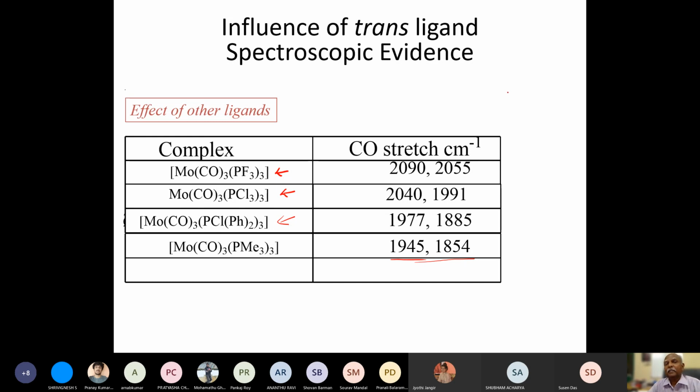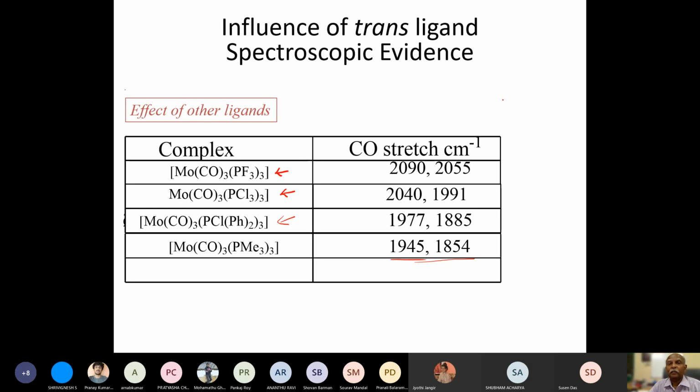Anything that is a weak pi acceptor on the trans geometry is better than having a carbon monoxide which will compete with the pi electron density. So here I have for you 4 complexes. All 4 of them are phosphorus-based ligands, but PF3 is a very good pi acceptor, almost as good as carbon monoxide, but it is not as good as carbon monoxide.